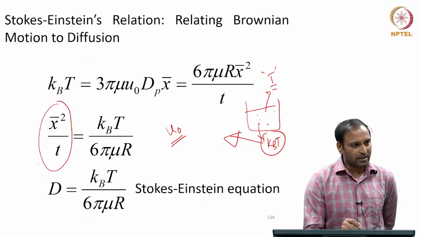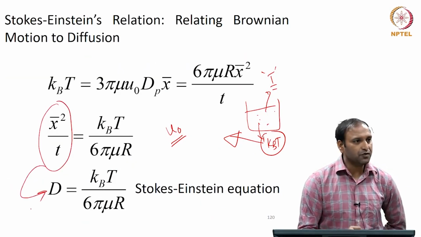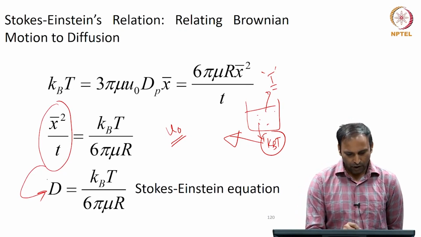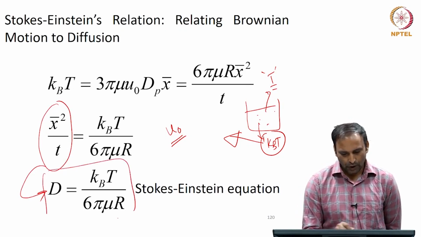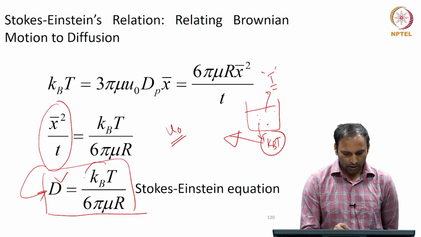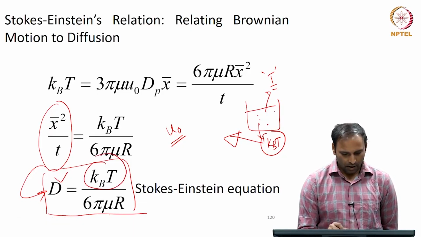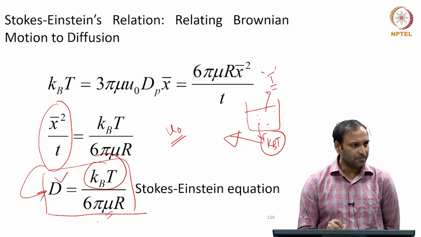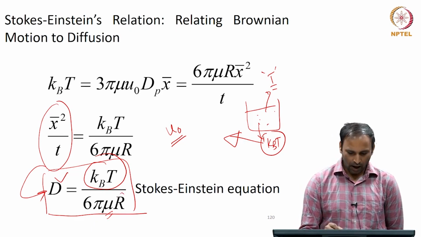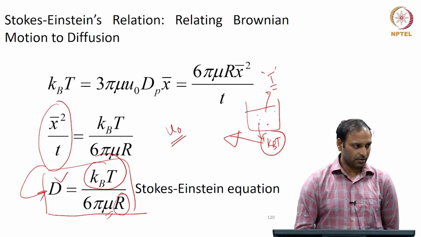Now, this x bar square by T is the diffusivity of the particle. Therefore, you have an expression which relates the diffusivity of the particle to the thermal energy and the viscosity of the fluid in which the particles are dispersed or moving. R is the size of the particle.